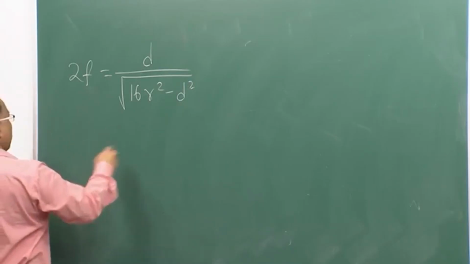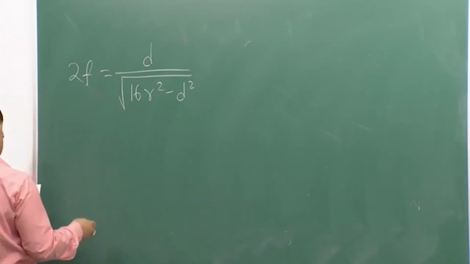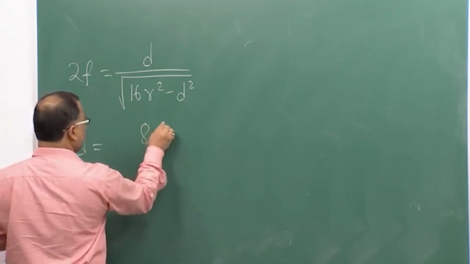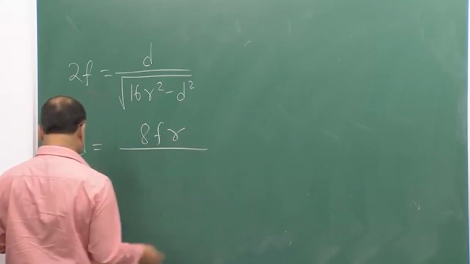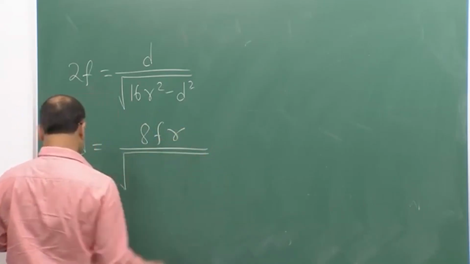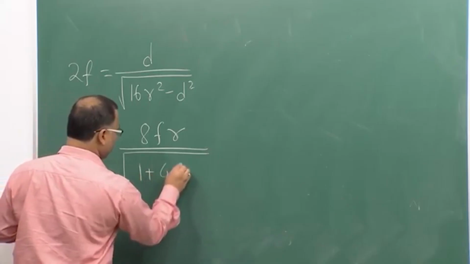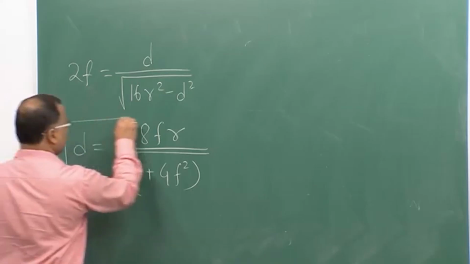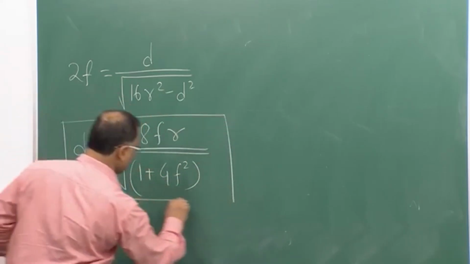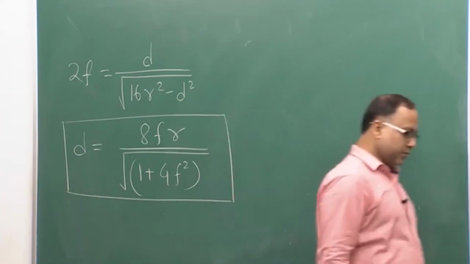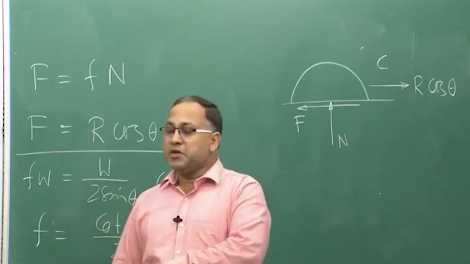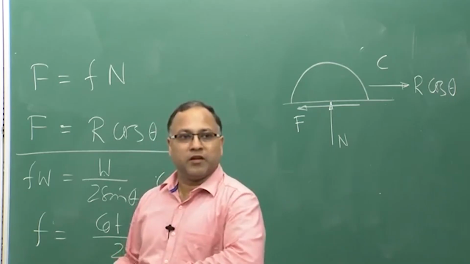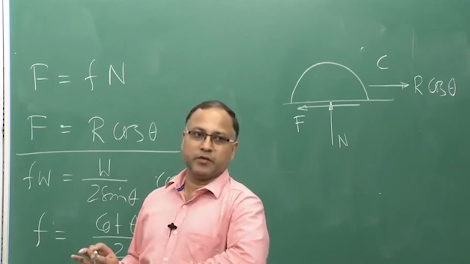Now, if I do some simplification of this expression, finally I will be getting d equal to 8 f r by root over 1 plus 4 f square. So, this is the maximum distance you can maintain between cylinder B and cylinder C, so that the whole system will be under equilibrium.